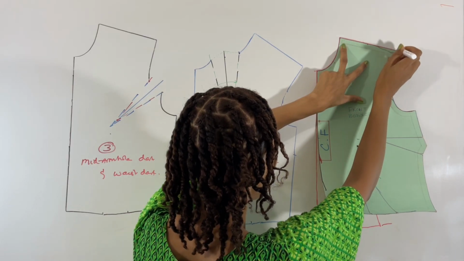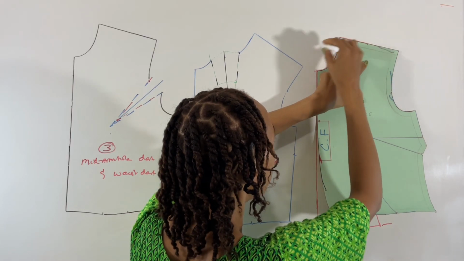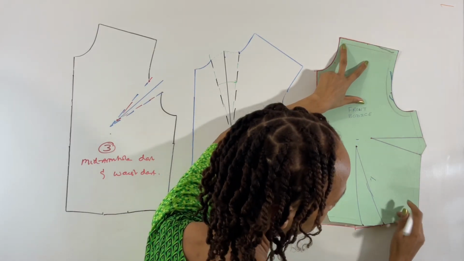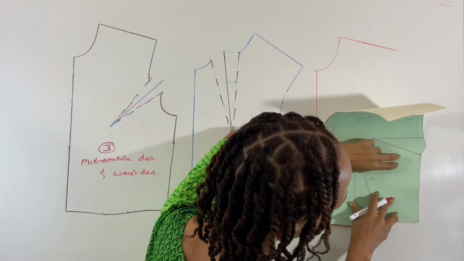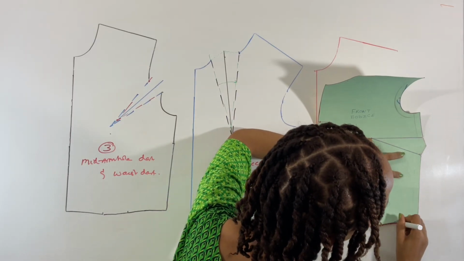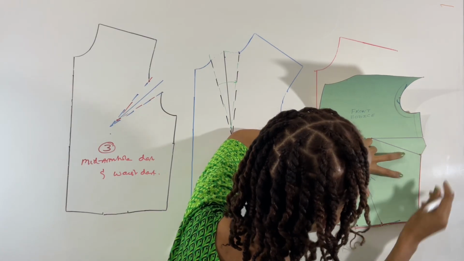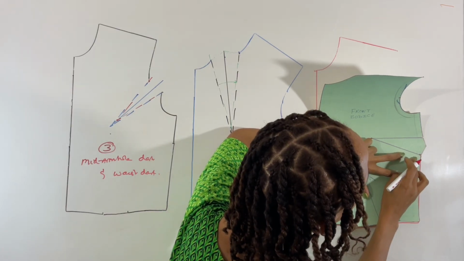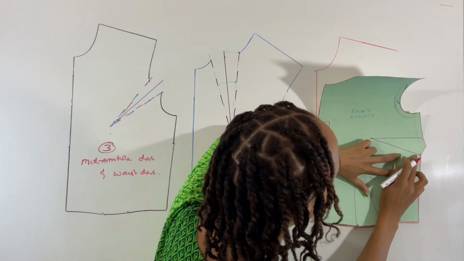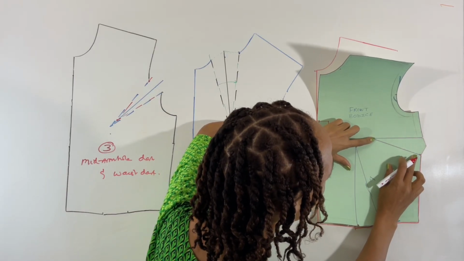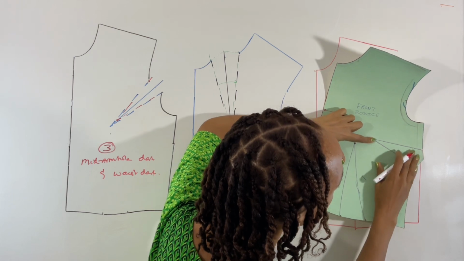So you would trace from your shoulder tip all the way around down your center front, have your darts there. Then you would continue and then go up along the side seam here. You close this dart. Okay, this is where you put your thumbtack, and you would pivot this.